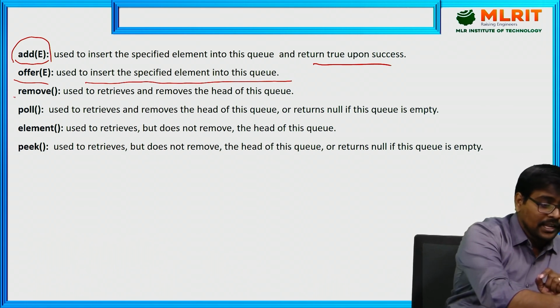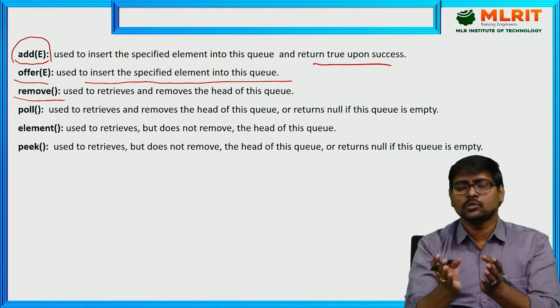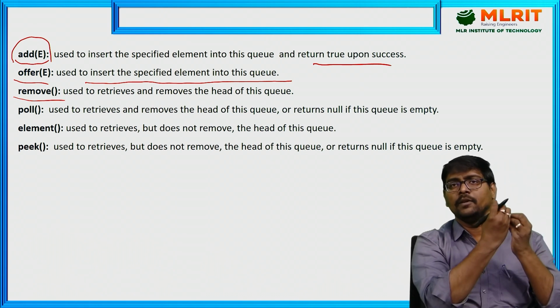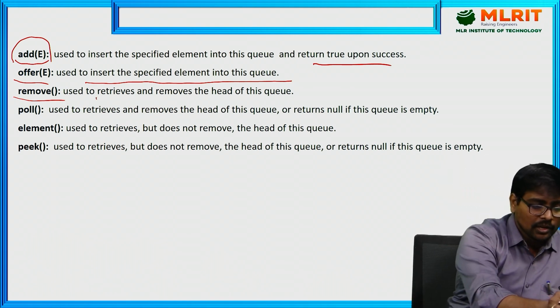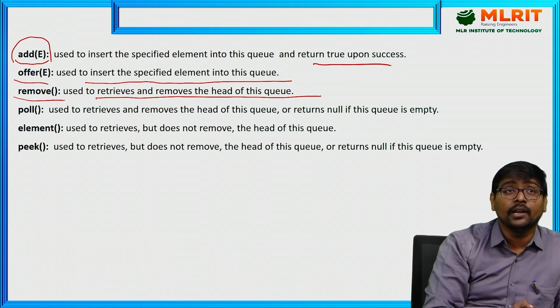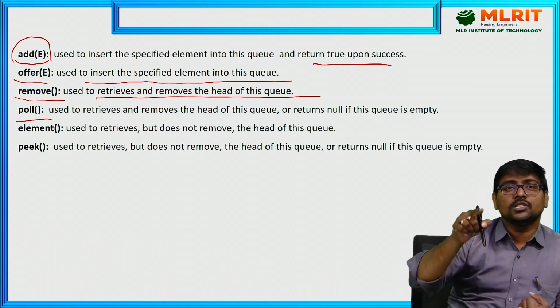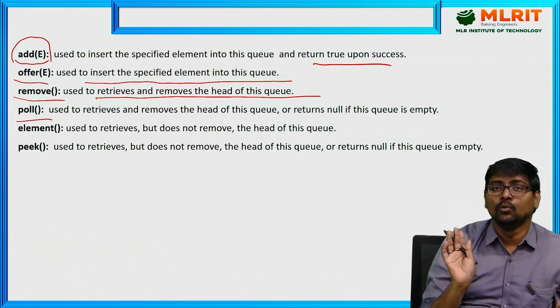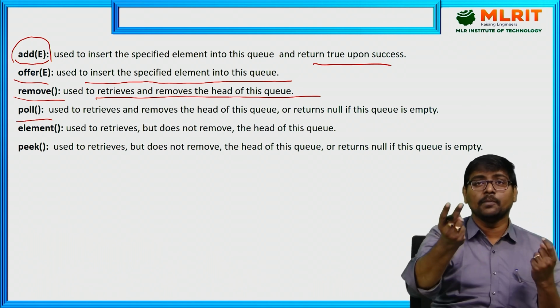Now, the remove operation means removing the element. Remember, we always remove the element from the head. Head means the starting of the queue. It removes the element from the head of the queue. Poll: this poll operation is also used to remove the element from the head. Then what is the difference between remove and poll?